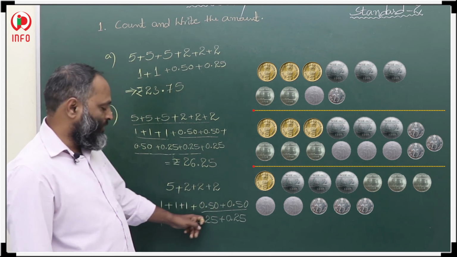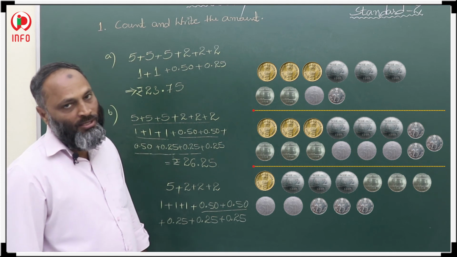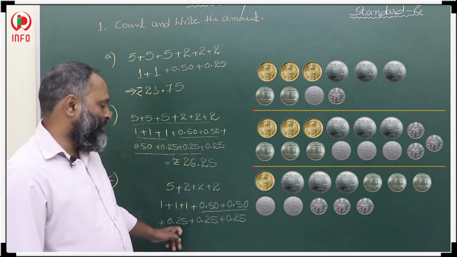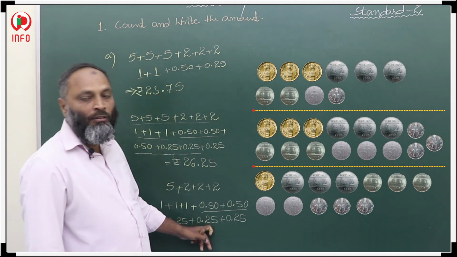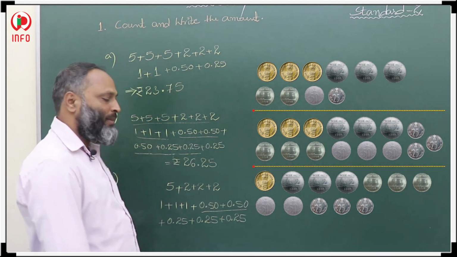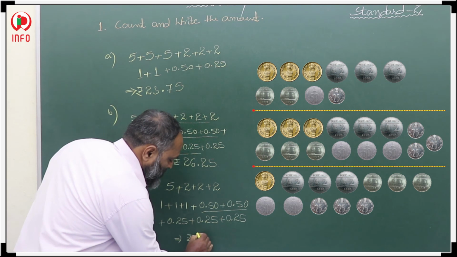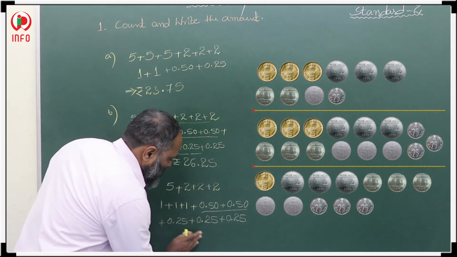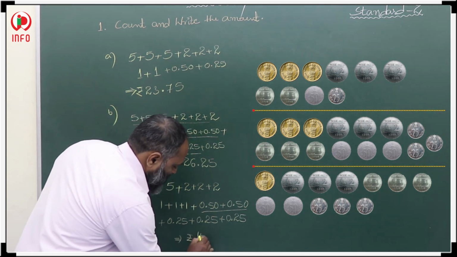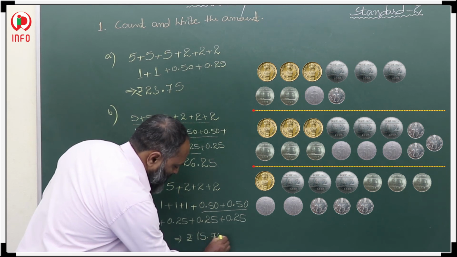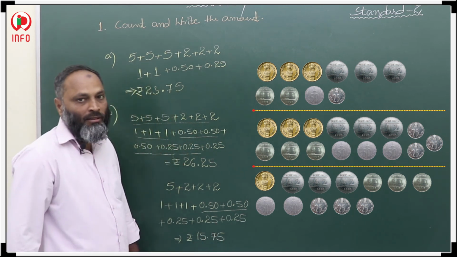And 25 paisa 3 times: 25 plus 25 is 50, 50 plus 25 is 75 paisa. It means the total amount is 15 rupees 75 paisa.